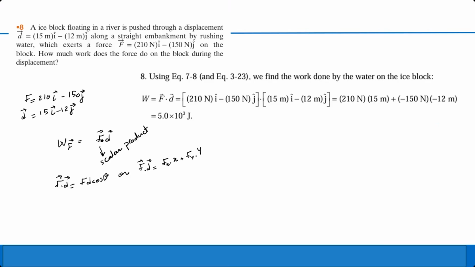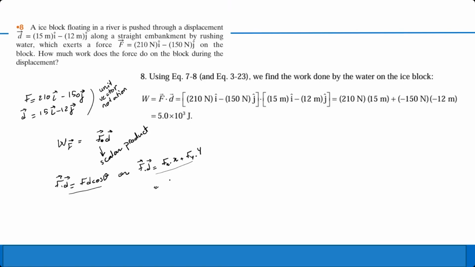So it has two formulas. I would use the first one if I have angles. I would use the second one if I have x and y components, which is the case here. I'm given unit vector notations, so I have x and y components rather than magnitudes and angles.